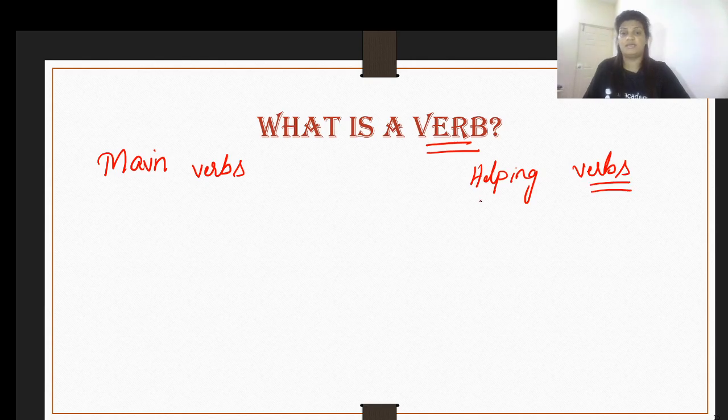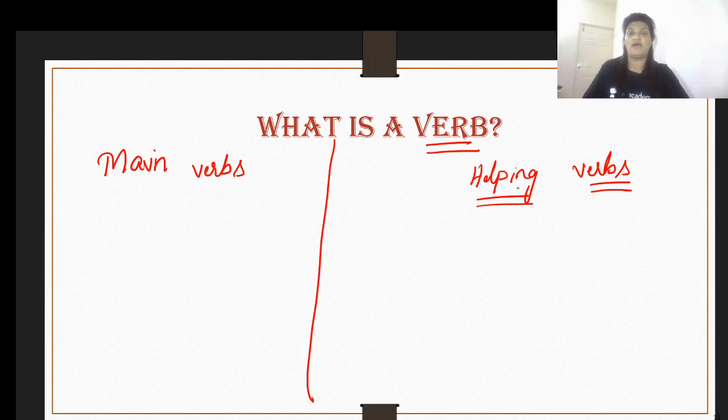A main verb is one of the form, and helping verbs, you can also refer to them as be verbs, or you can also refer to them as auxiliaries.